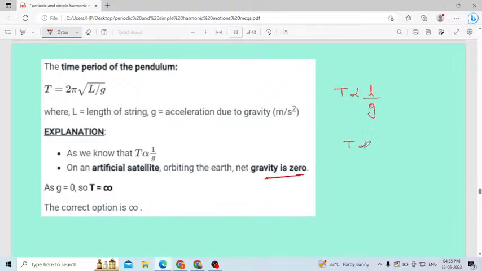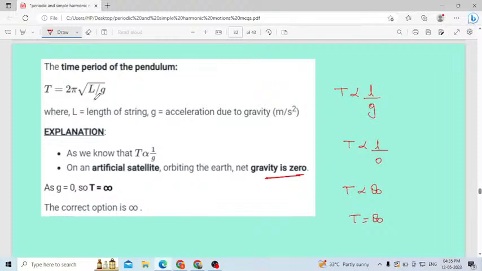T is proportional to root of L by 0. Anything by 0 will be infinity. So T will be equal to infinity. Correct? The correct answer is infinity. Why infinity? Because the g value becomes 0, and anything by 0 is infinity.